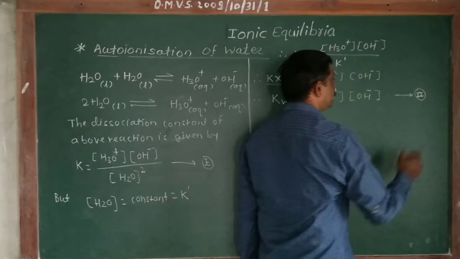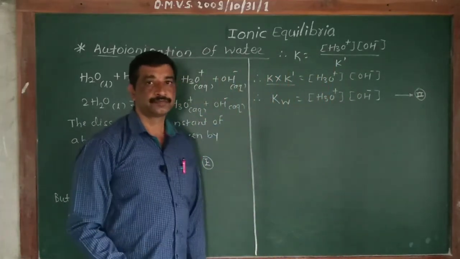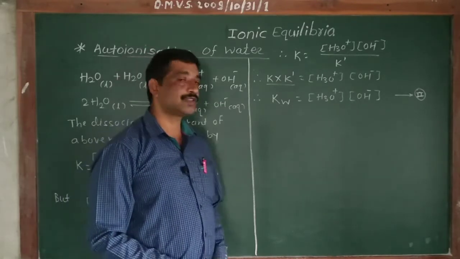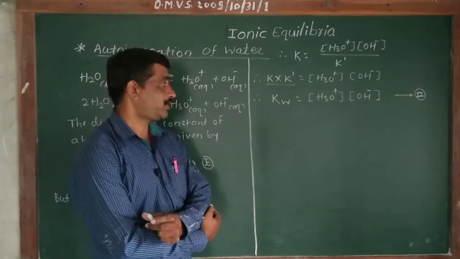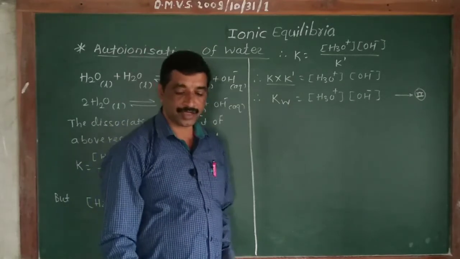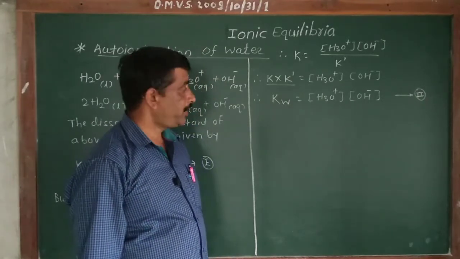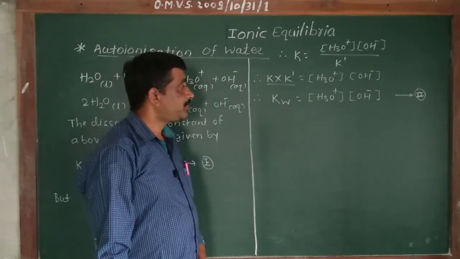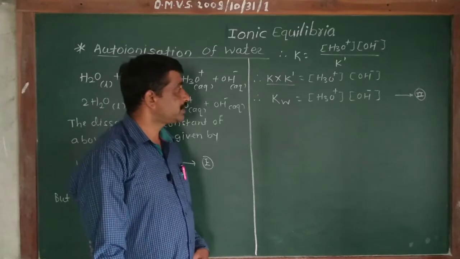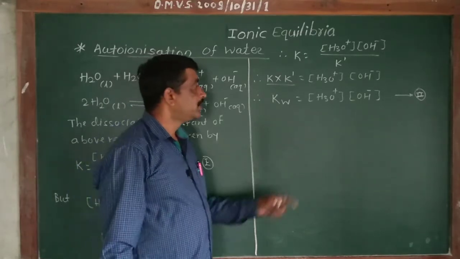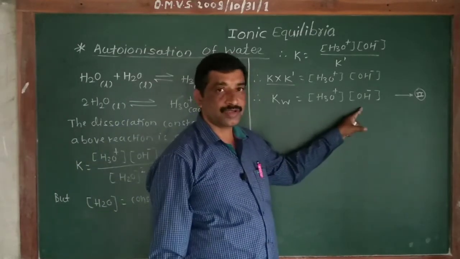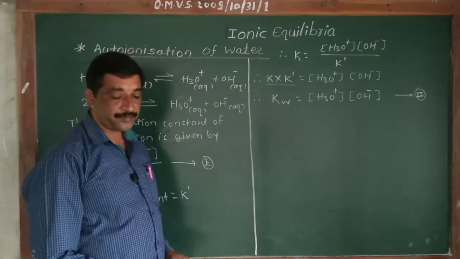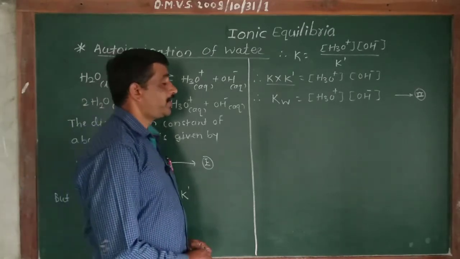So this equation 2 represents the ionic product of water in terms of the concentration of hydronium and hydroxide ions. So how do we define the ionic product of water? The ionic product of water is defined as the product of molar concentration of hydronium ion and hydroxyl ions in pure water at a given temperature and pressure, that is called the ionic product of water.